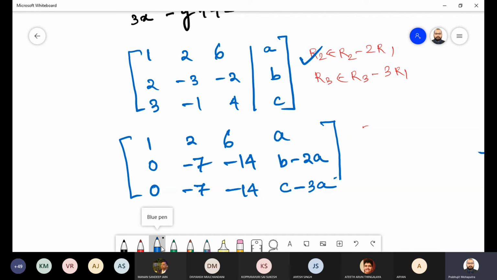Now what can you make? You can make R3 as R3 minus R2 to make the last row 0.